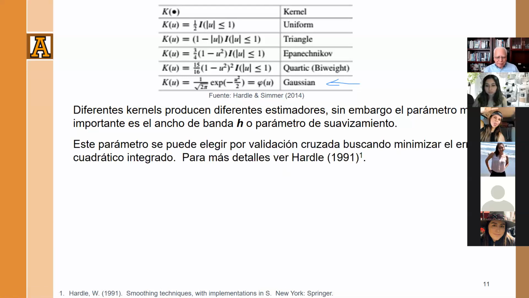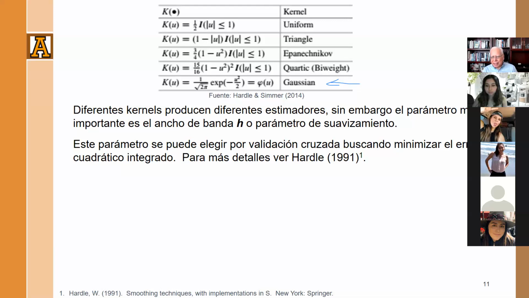This parameter can be chosen by cross-validation. We will talk about cross-validation later when we talk about resampling and model fitting. But the concept of cross-validation is that I evaluate the density estimate for different values of h and determine which value of h gives me the best estimate.